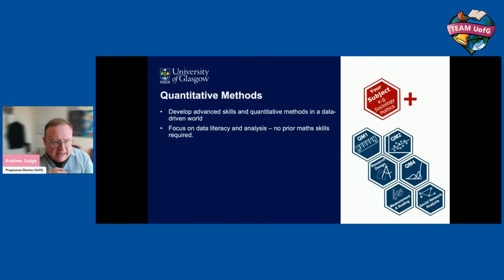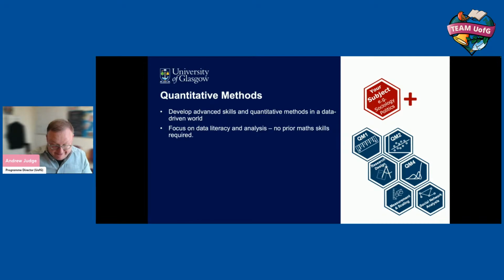Another option is quantitative methods. So with the exception of the economists, there's a bit of a stereotype that social science applicants and students don't tend to like maths. You know, it's like, if you're more into the social human side of the world, then you don't need to deal with maths.